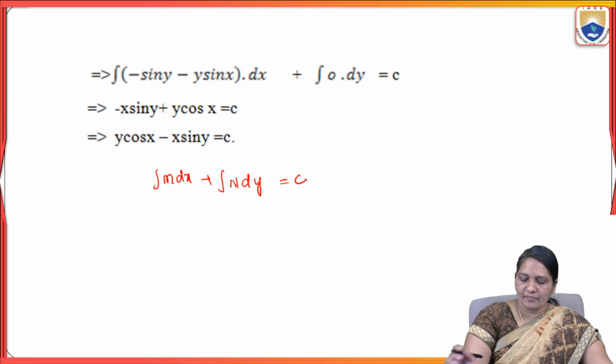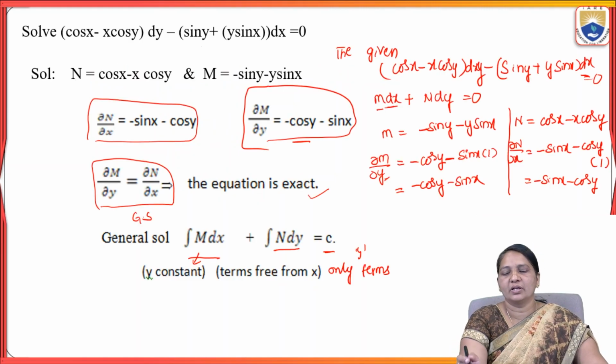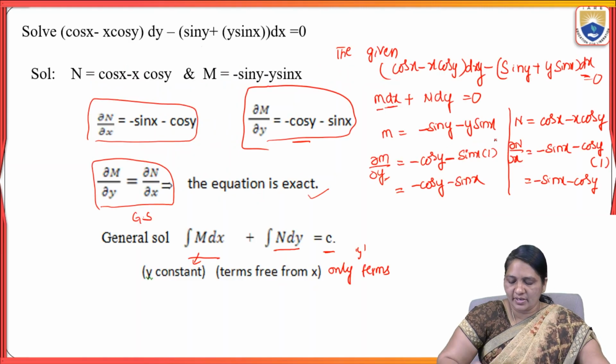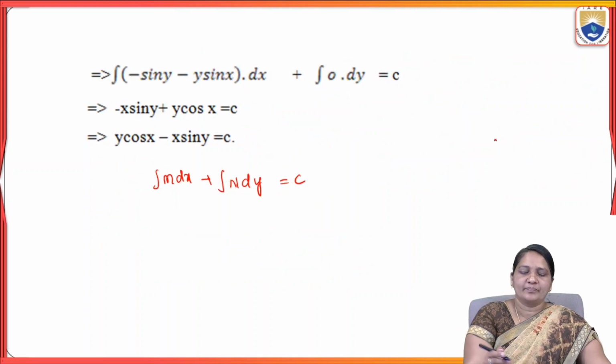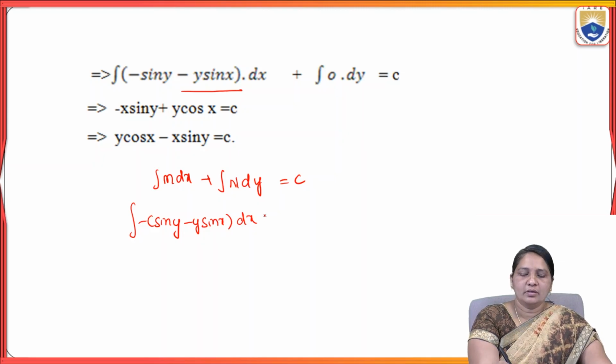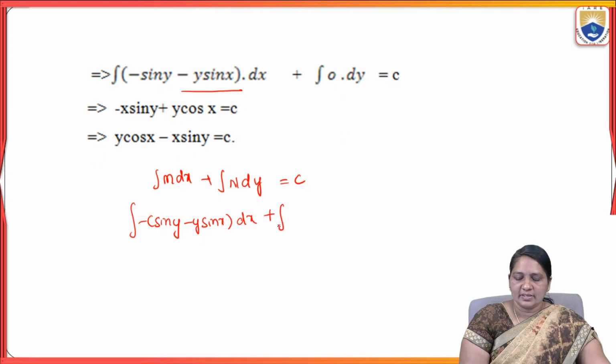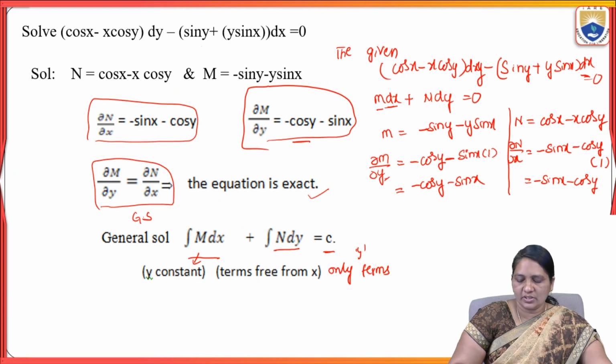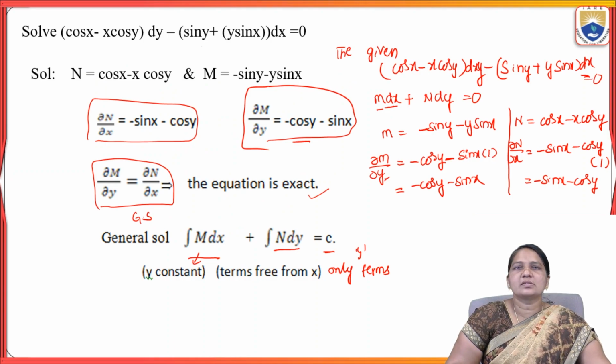So what is the m value? We can observe here m is minus sin y minus y sin x. Minus sin y minus y sin x into dx. That is what we wrote here. And plus integral n value. What is the n value here? Cos x minus x cos y.